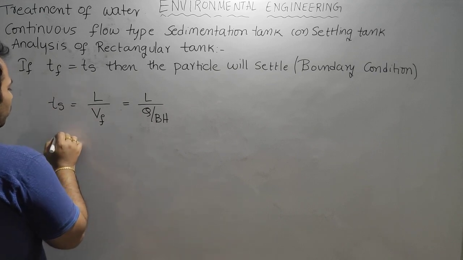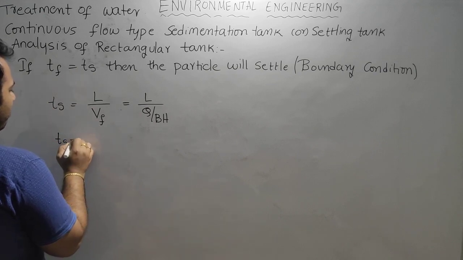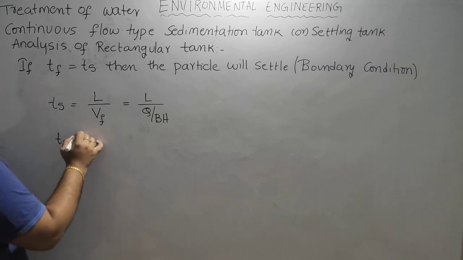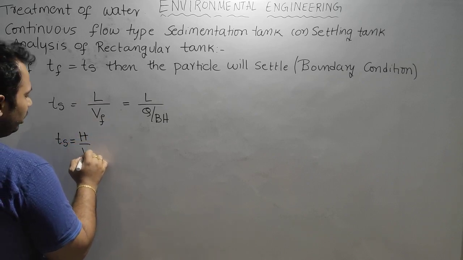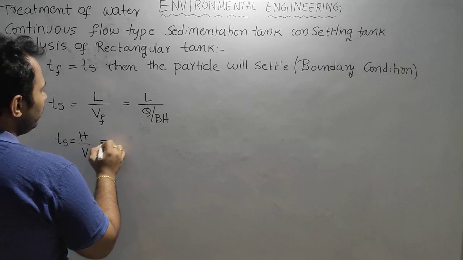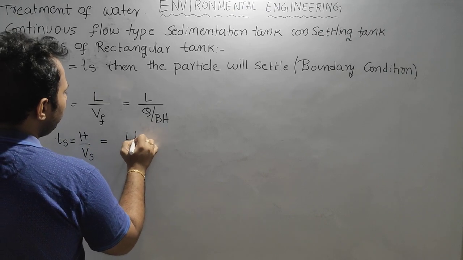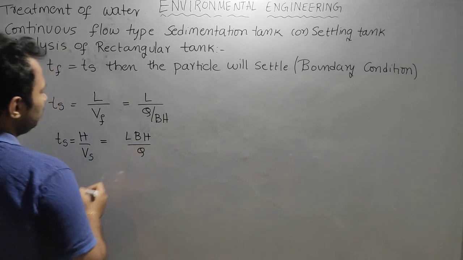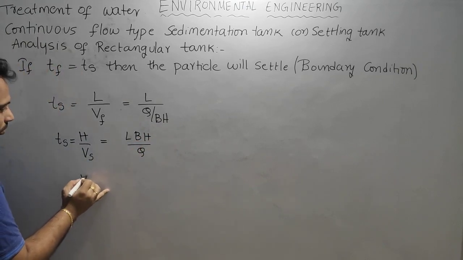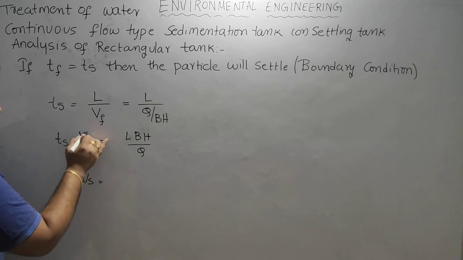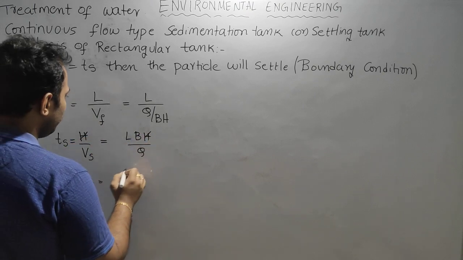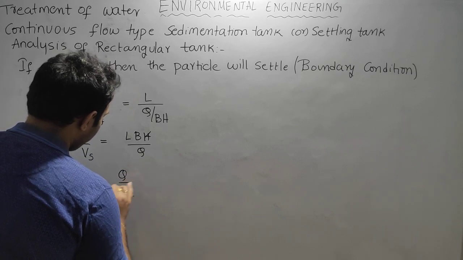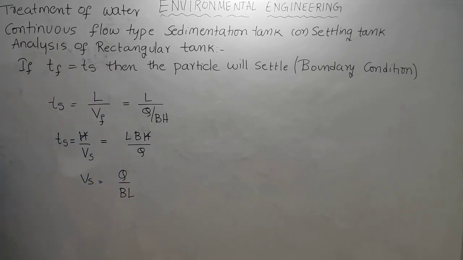So Ts is equal to H by Vs, which is equal to L by Vf, that is L times Bh by Q. So Vs is equal to, H gets cancelled, Vs is equal to Q by Bl.